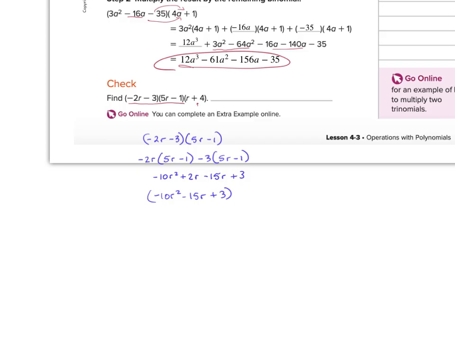So as I multiply those first two binomials together, again, negative 2r times 5r minus 1, negative 3 times 5r minus 1, distributing, going to combine like terms, and now I have a trinomial. Then we're going to take that remaining binomial and multiply it by that.